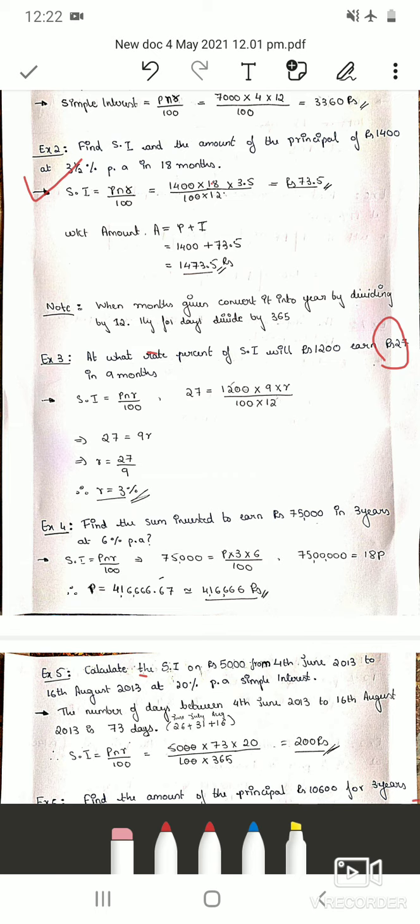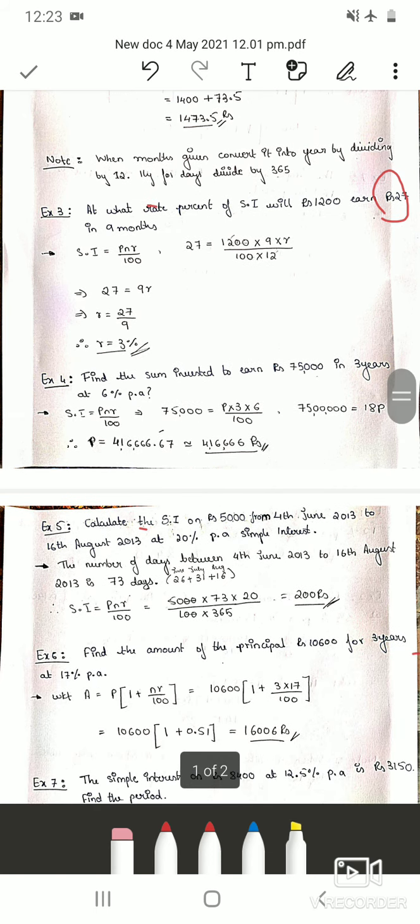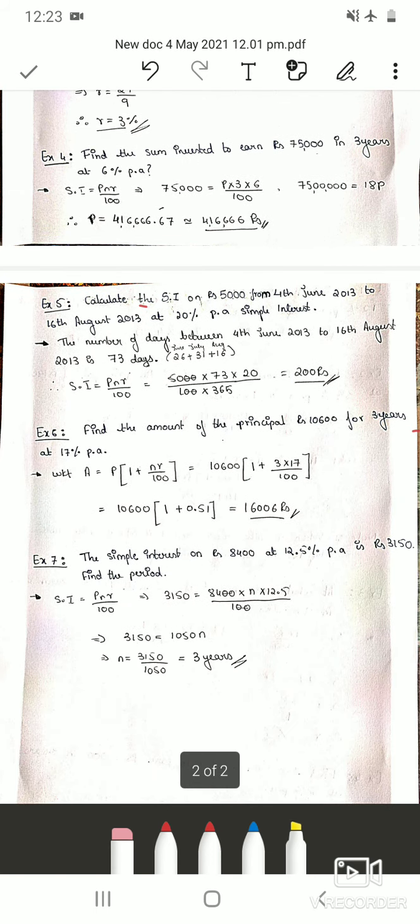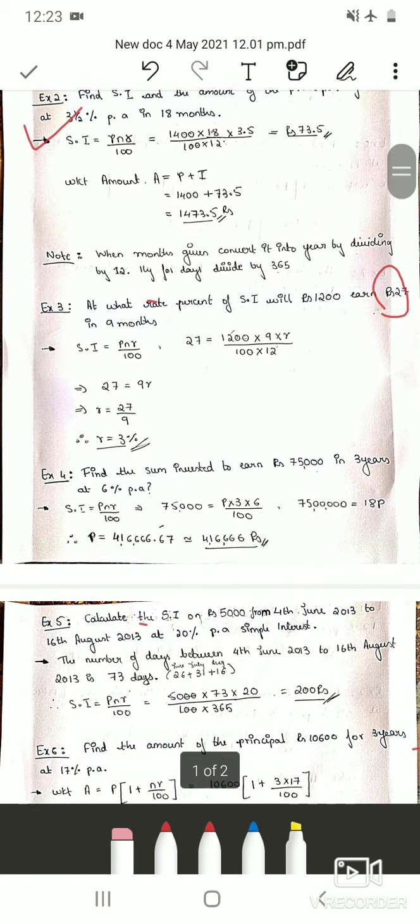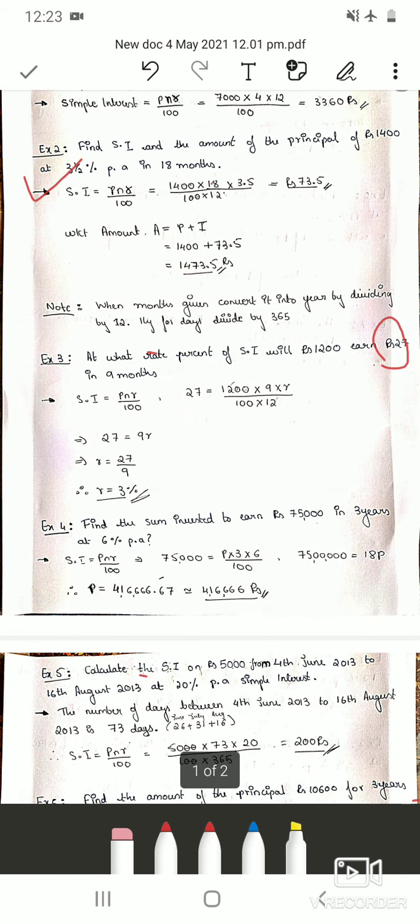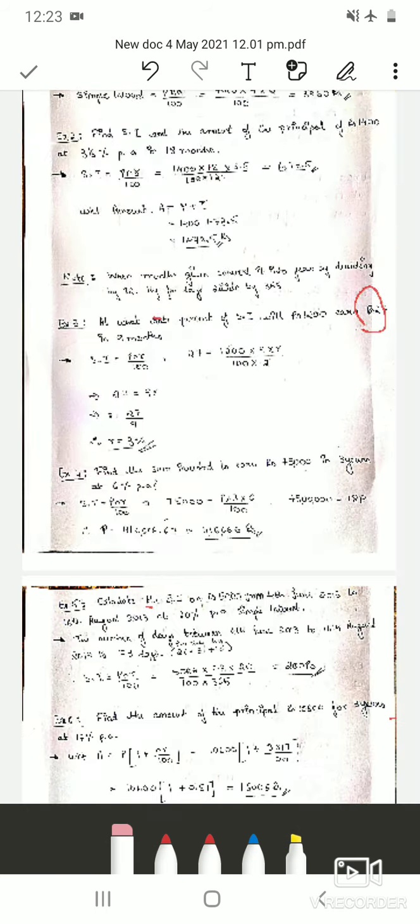Then we saw when one term is unknown, how to find that term using the formula of simple interest, that is when rate is unknown, or principal amount is unknown, or the period is unknown. And we have seen how to calculate amount, and how to find the rate. So all basic calculations we have completed.